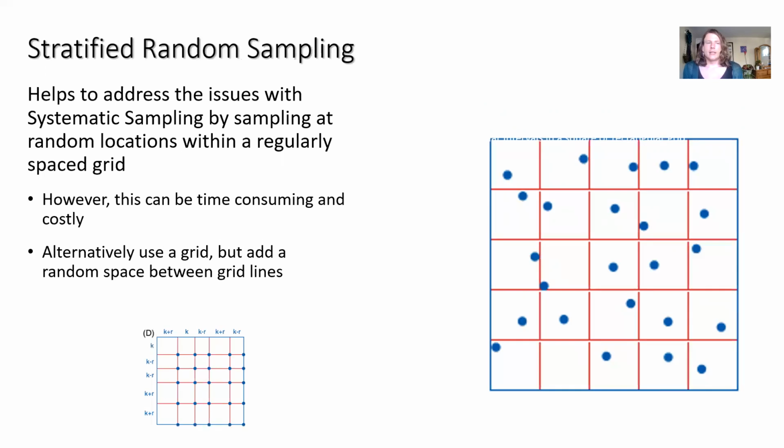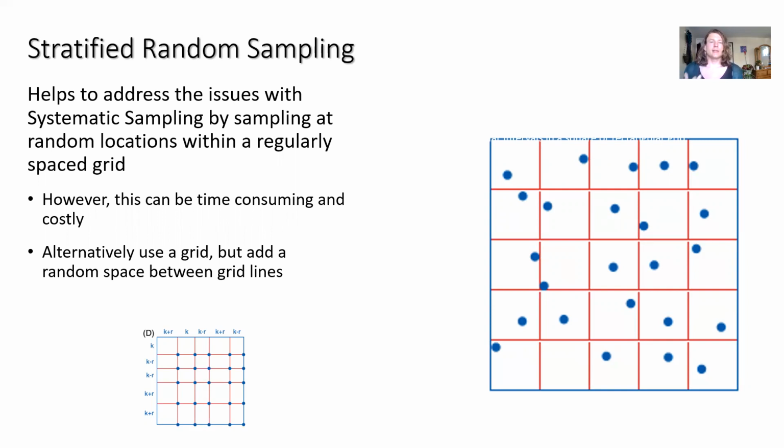One workaround is you can combine the benefits of the systematic sample with the benefits of a random sample. Generally speaking, the systematic sample is nice because it makes your sampling scheme a bit more organized and regular. It's usually easier to collect, but you get rid of all the randomness.